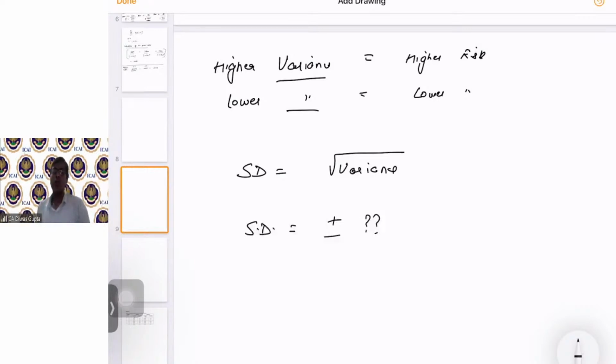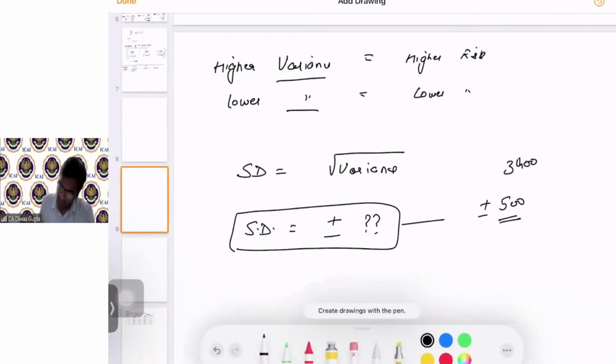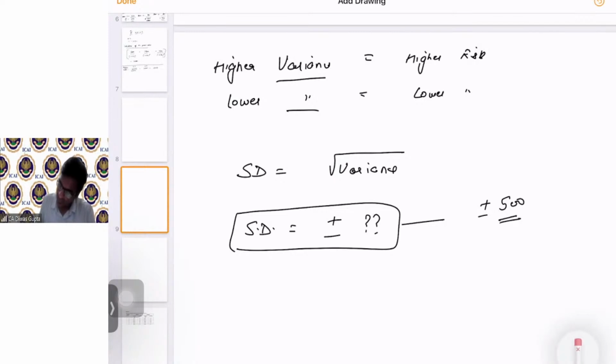And now you can relate it to what I told you in the beginning, plus minus 500, where mean was 3400, and I told you that risk is plus minus 500. Why I told plus minus? I'm proving you mathematically, because while you calculate the standard deviation, you take a square root. And while you open a square root, it's a plus and minus both.